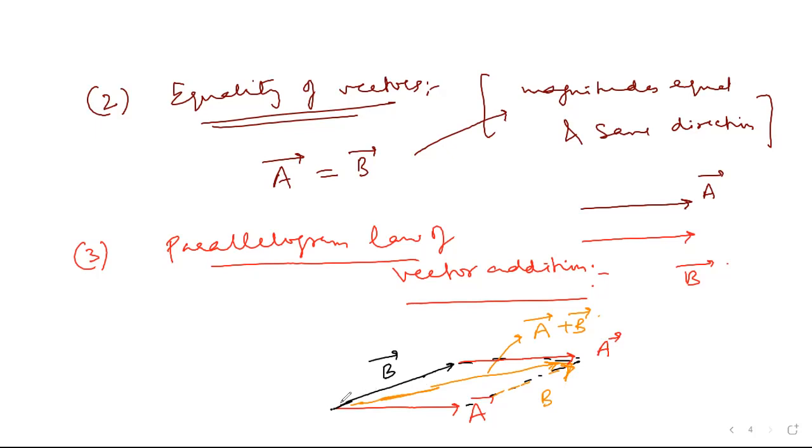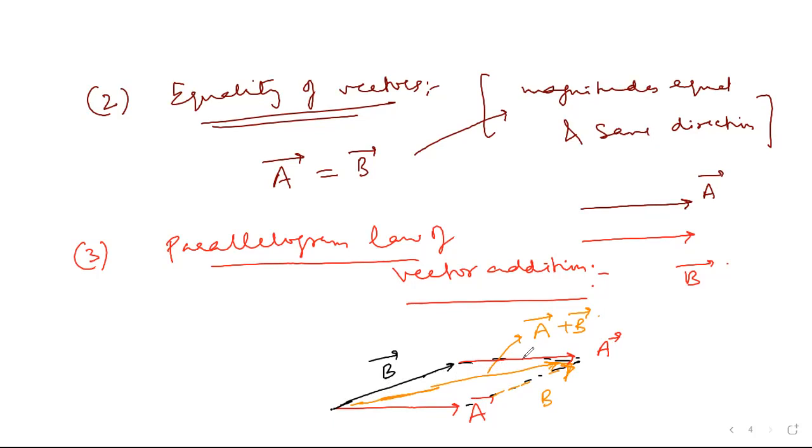So basically you are placing the tail of A on tip of B or tail of B on tip of A, and you are getting the resultant. This diagonal of the parallelogram is actually side of the two triangles.